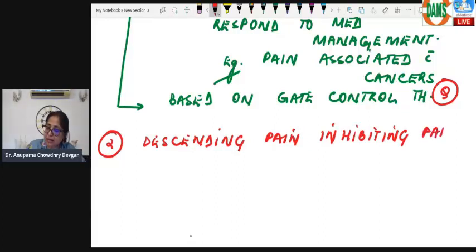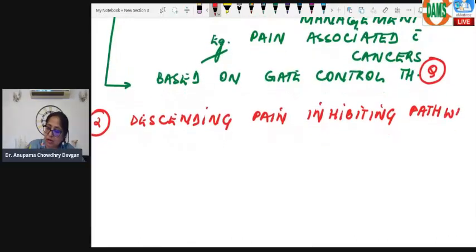Yes, Jaydeep, it is a fiber for fine touch which goes into the posterior column. Yes, it provides temporary pain relief unless the pathology itself is corrected, isn't it? So this will give you temporary pain relief. Yes, no side effects.